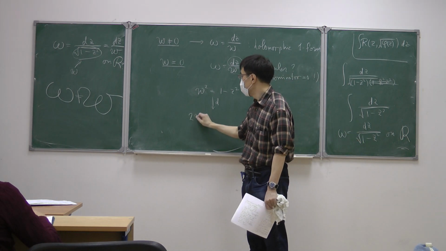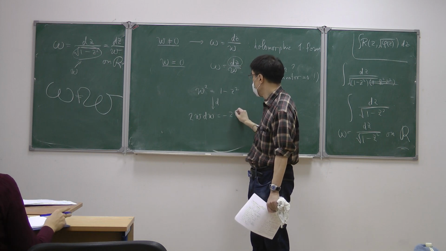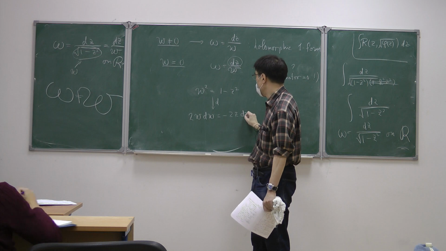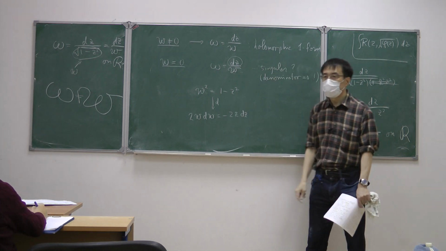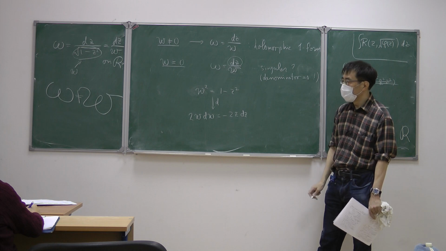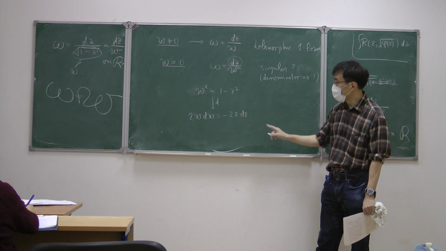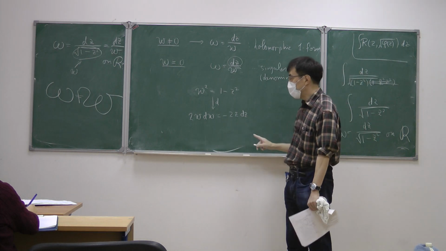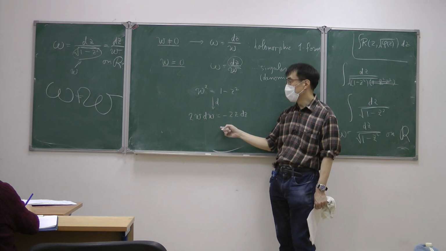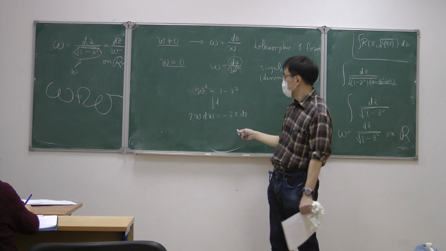Then we have this equation for one-forms. And this holds when z and w are not 0.